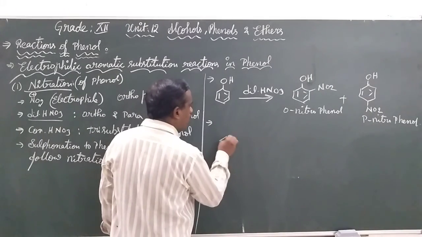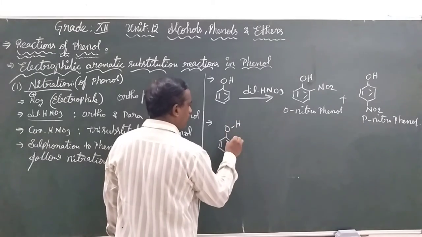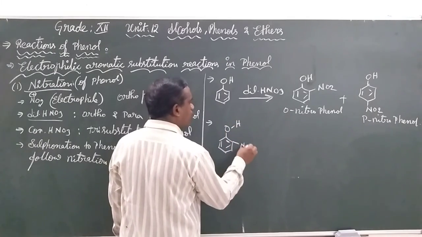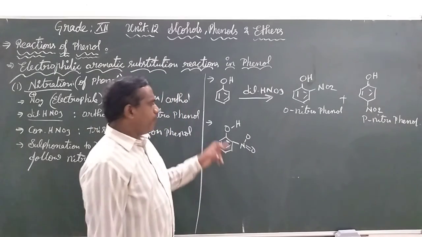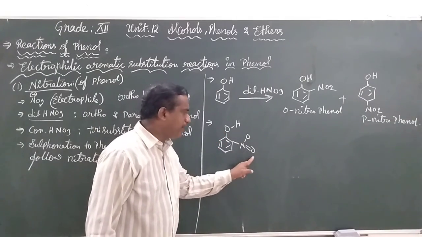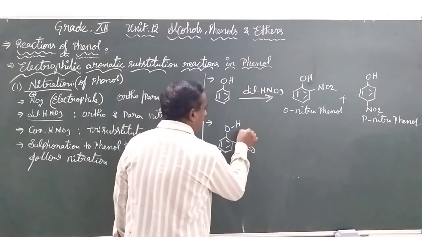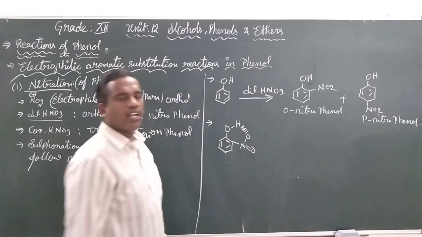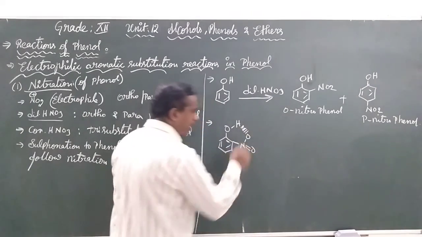Let us see the structures now. The ortho-nitrophenol will have the OH group and the NO2 group, with N double bonded to O and single bonded to oxygen. The oxygen and hydrogen will have hydrogen bonding.